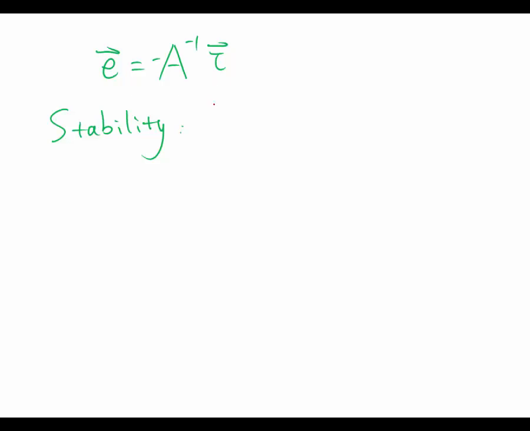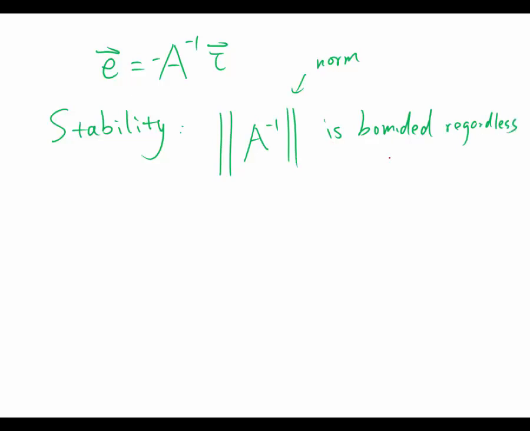Stability basically means the norm, so the double absolute value thing is called the norm of matrix A. Okay. The norm of the matrix A inverse is bounded regardless of delta x.